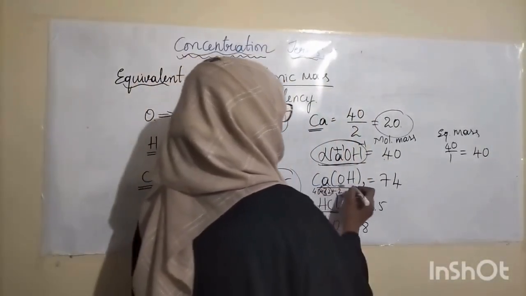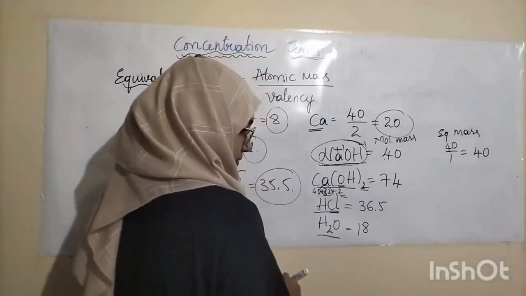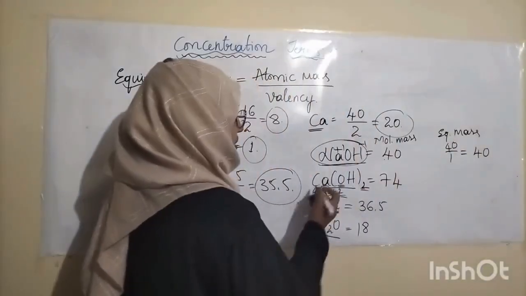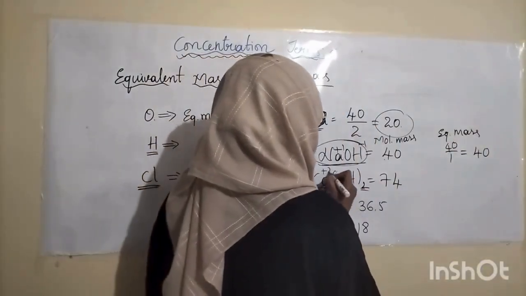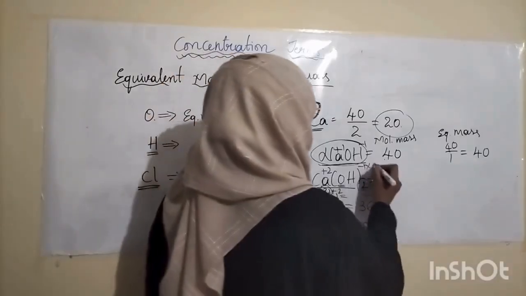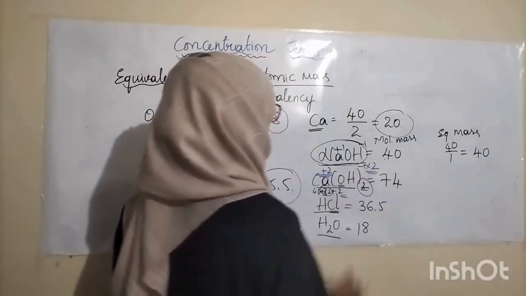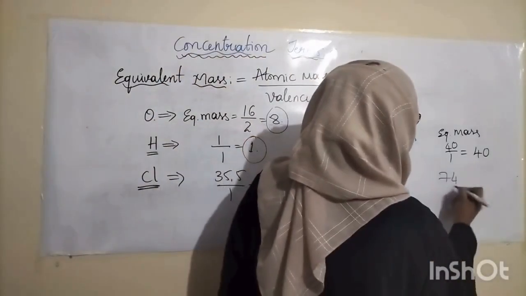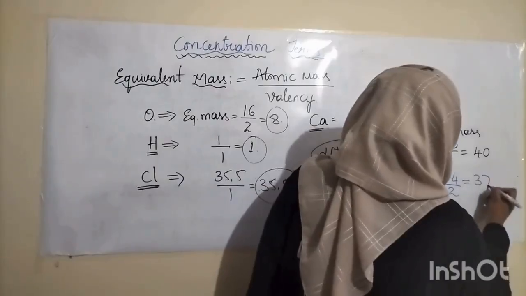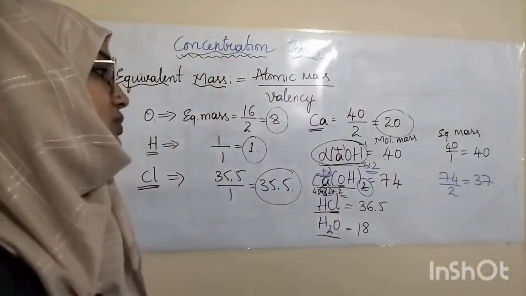Similarly, for calcium hydroxide, calcium is plus 2, OH is minus 1, but how many OH do we have? 2. That means here the maximum oxidation state is 2, 74 by 2, and it comes up to 37.